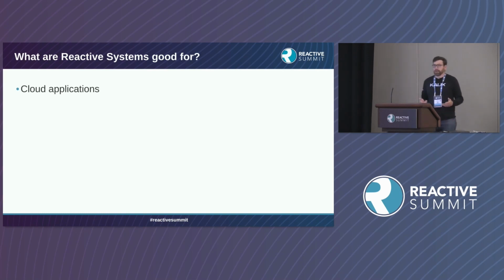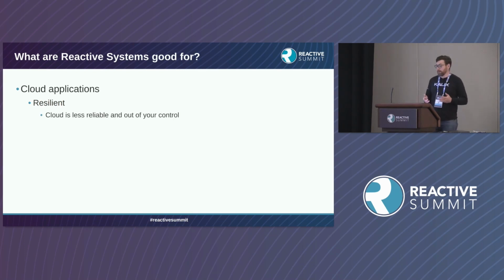But then in the mid-2010s, cloud native started becoming a big thing, and at Lightbend, and people building the tools to support reactive systems, we were excited because cloud was a perfect place that we felt reactive was good for.